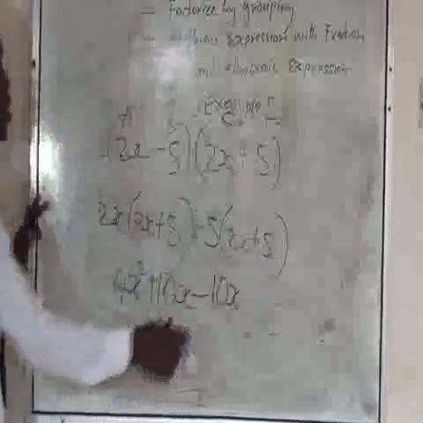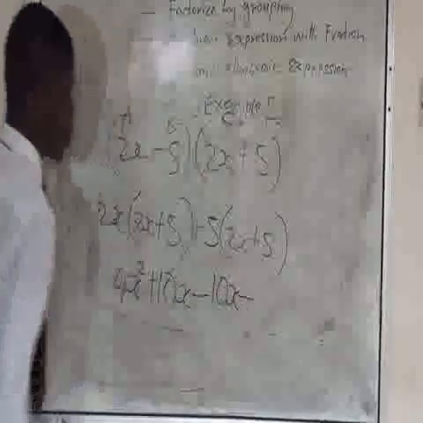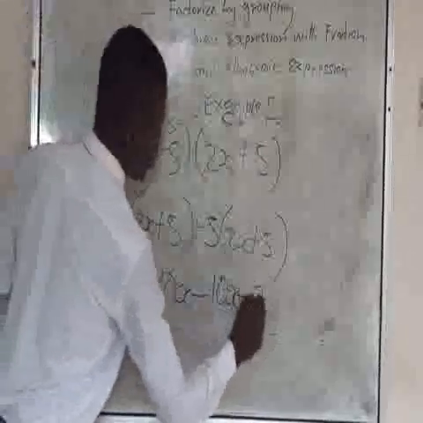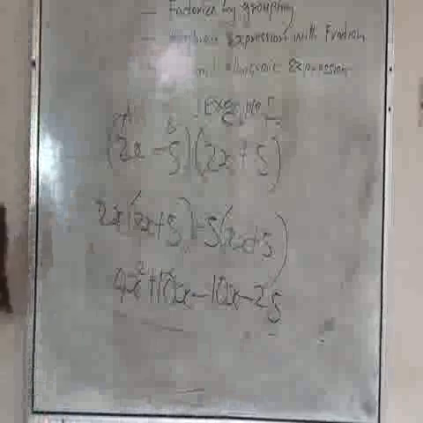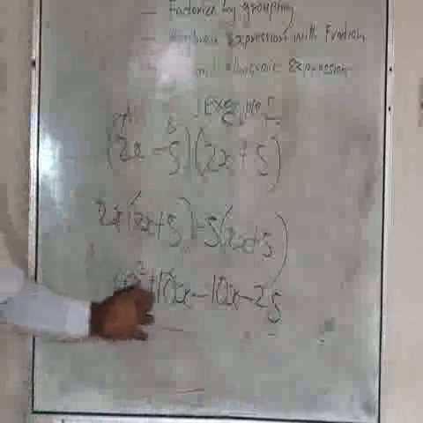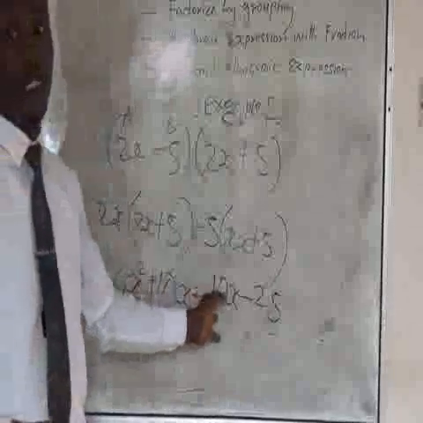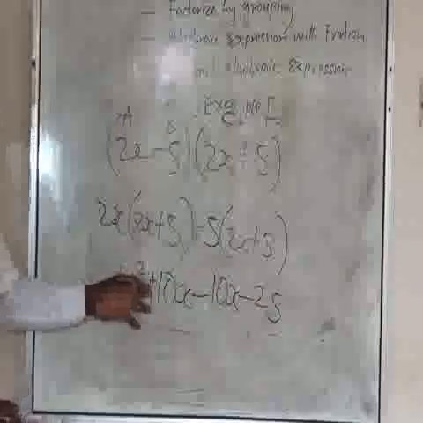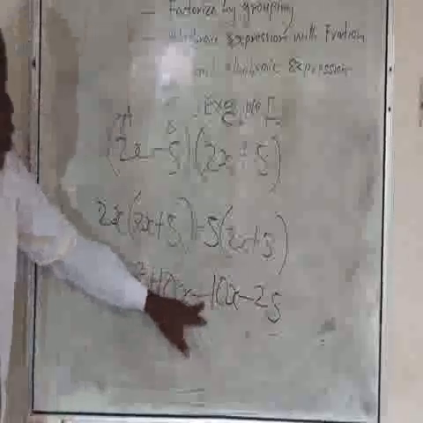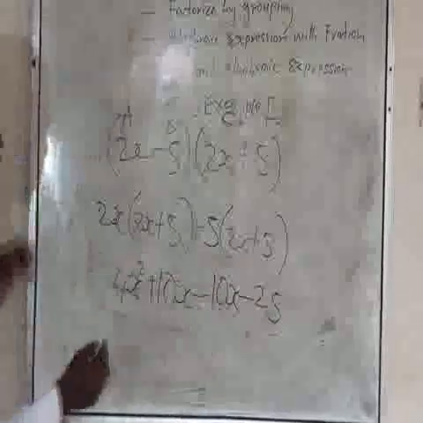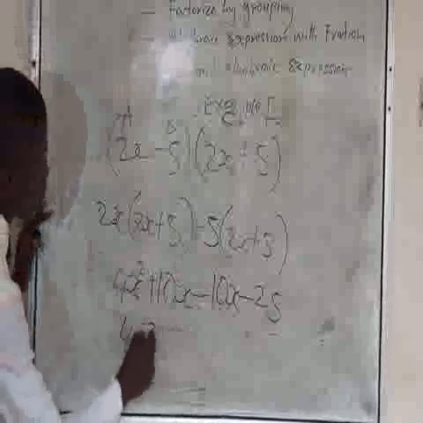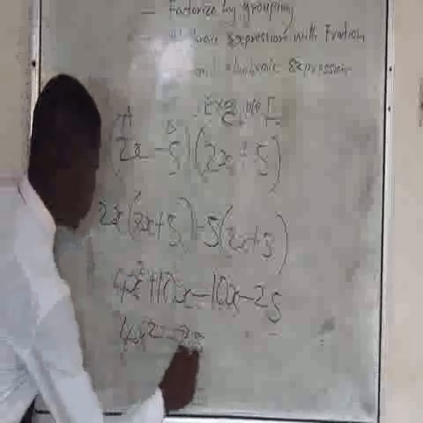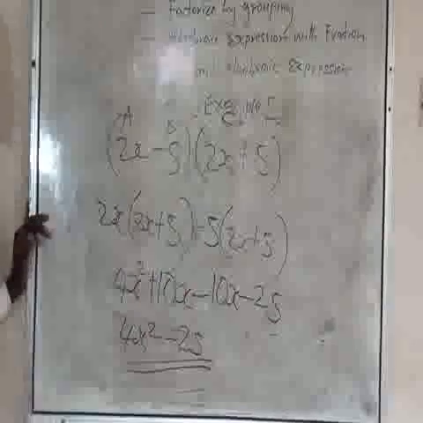Minus times plus is minus. 5 times 5 is 25. Note, any number that adds and subtracts itself is 0. They will have 4x squared minus 25. That's the final answer.